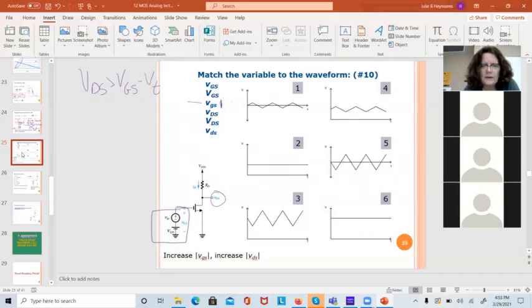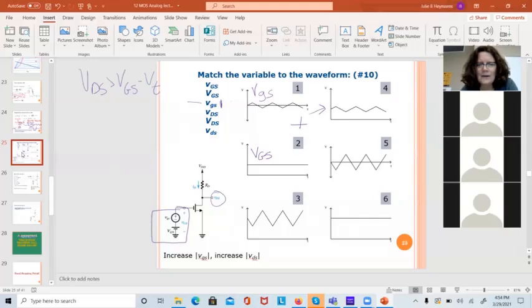So this one right here is big V, big G, big S. And the other one at the gate would be the total signal. If I add 1 and 2 together, I get 4. I get the DC value plus the AC value.